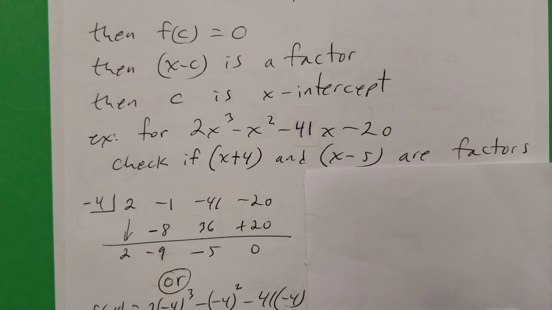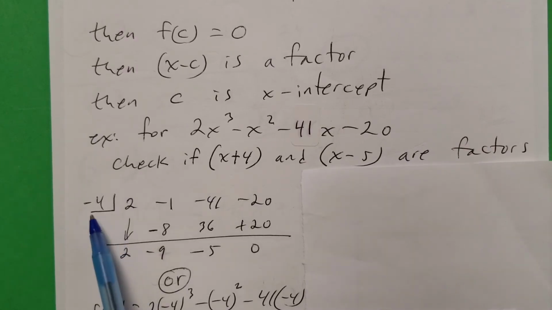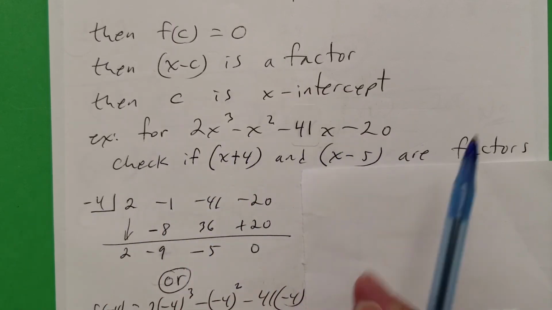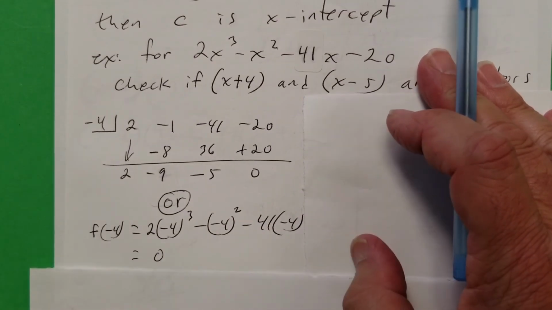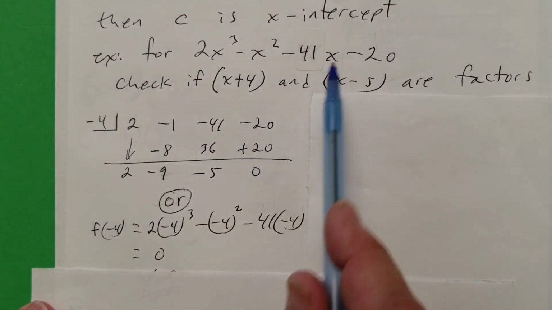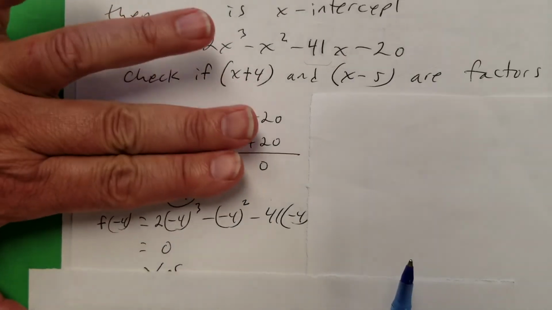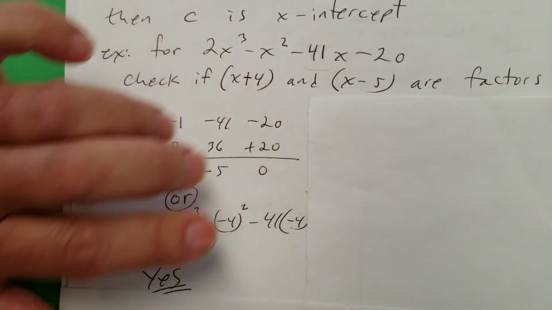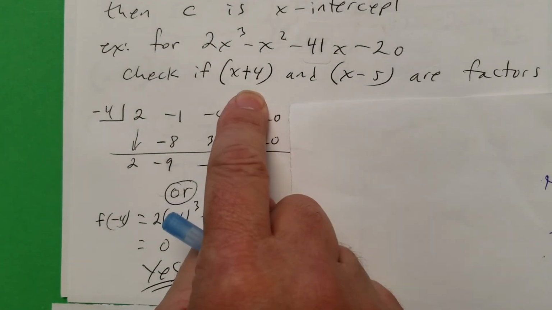Remember the remainder theorem? All we had to do is plug in negative 4 into the long polynomial to see if it comes out to 0. And it does. So we could have skipped this part and done it this way and found out, yes, x plus 4 is a factor.